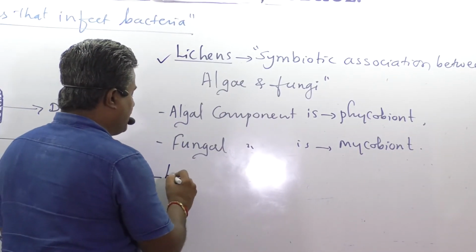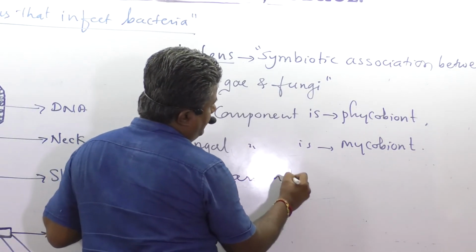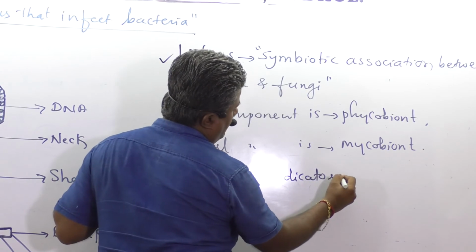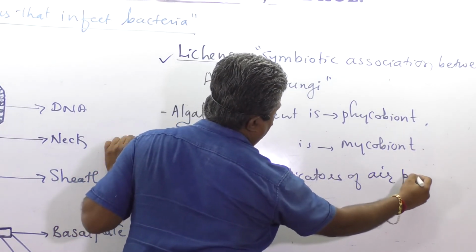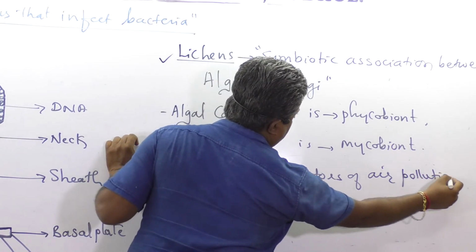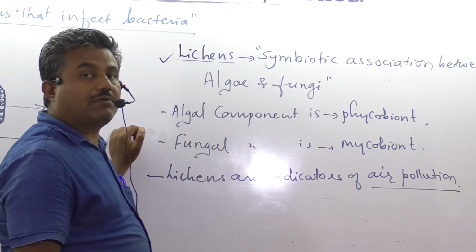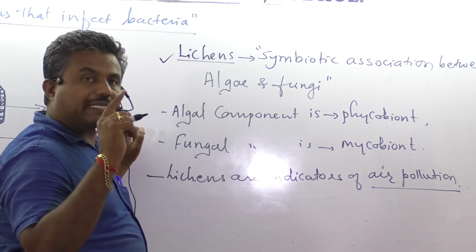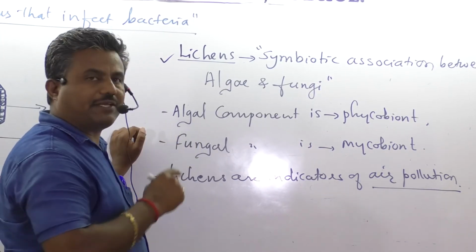So lichens are indicators of air pollution. How? Where there is air pollution, there is no growth of lichen on the plant body.